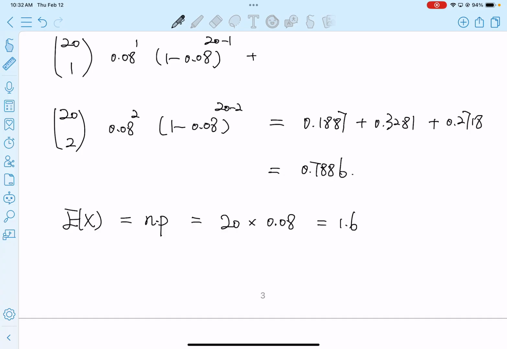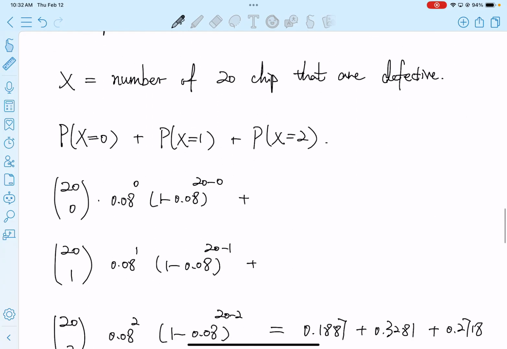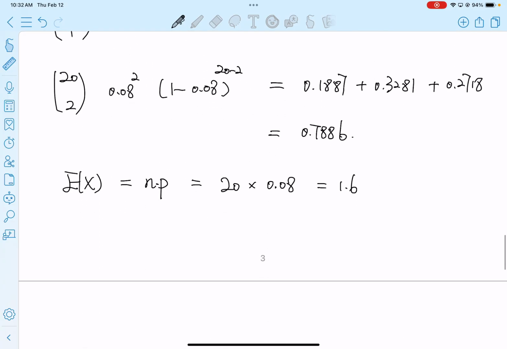The question is asking for at most 2 chips. So the expectation gives you an intuition that in the long run, we are already expected to have 1.6 of them defective. That is what will happen in the long run, or is expected.